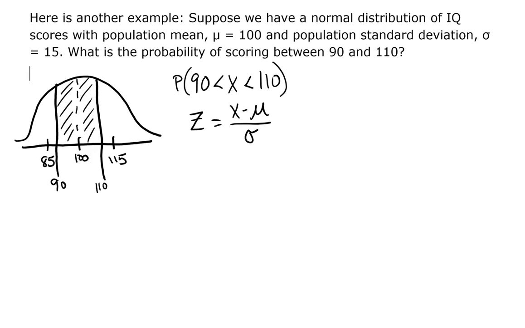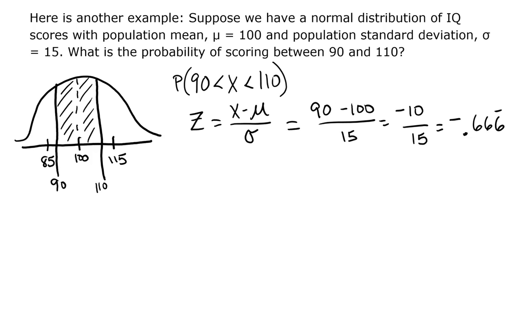Now, we have two scores, so we're going to have to come up with two z-scores, right? So for each x value, we have to find that z-score that corresponds to that x value. So let's go ahead and do the first one, which is 90 minus 100 divided by 15, which is equal to negative 10 over 15, which is equal to negative 0.666 in perpetuity.